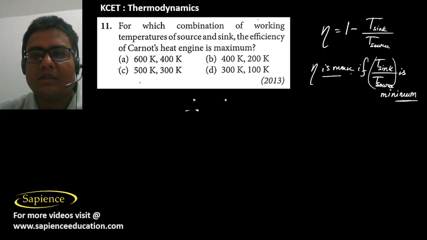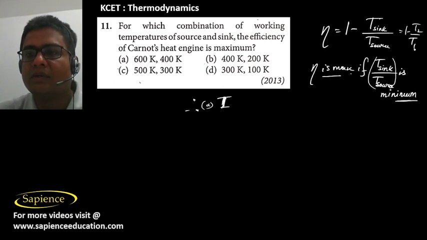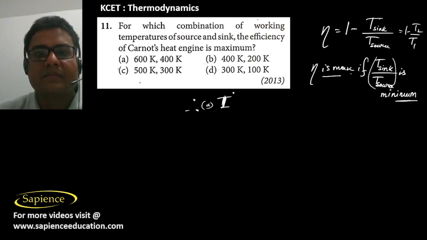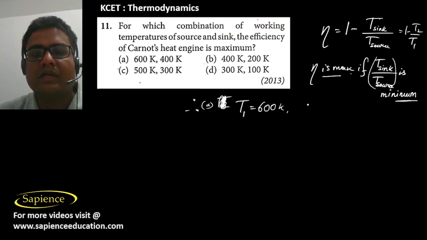Now here, for option A, the ratio is 1 minus T2 by T1, where the temperature of sink is T2 and the temperature of source is T1. Option A gives the temperature of source T1 as 600 Kelvin and the temperature of sink as 400 Kelvin.